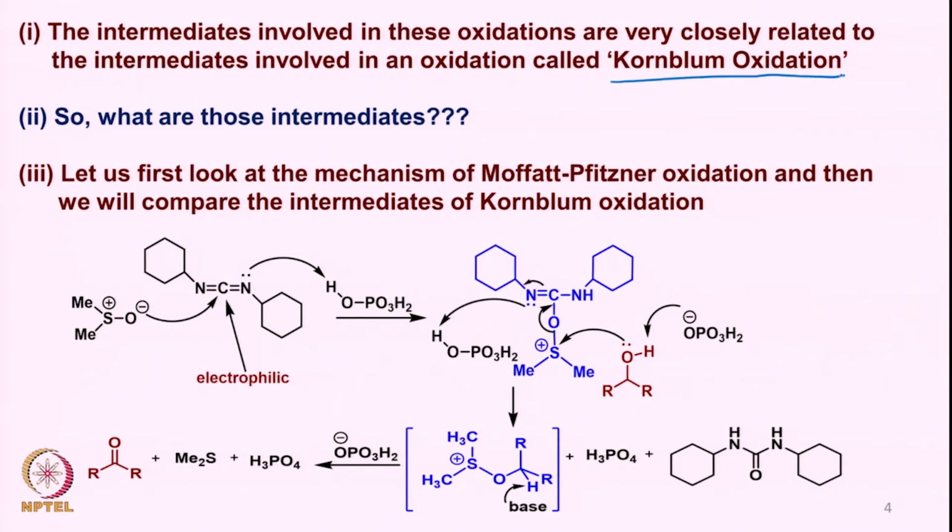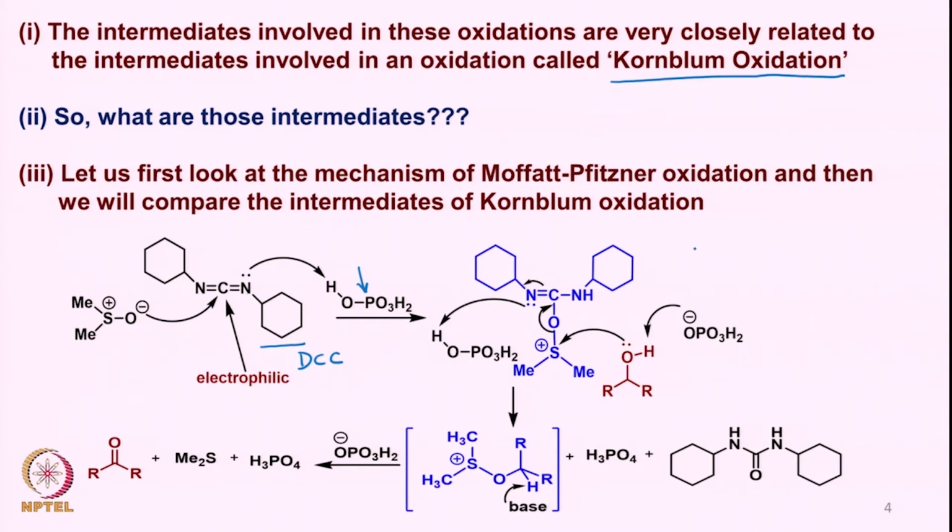So as I mentioned, the dicyclohexylcarbodiimide, which is DCC, has two nitrogens, and one of the nitrogens gets protonated with the phosphoric acid that we use here, and it forms an intermediate on protonation.